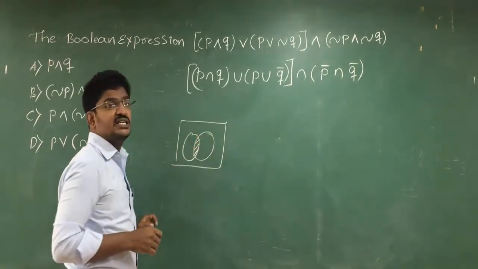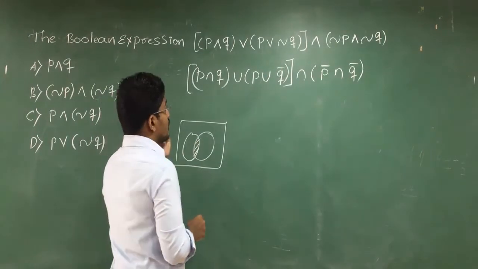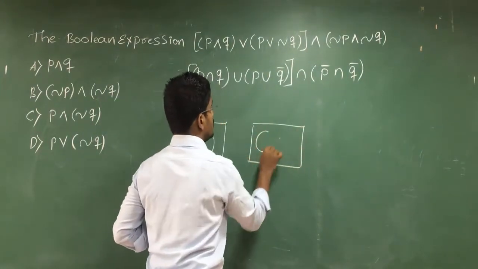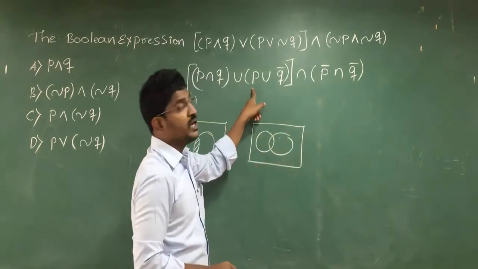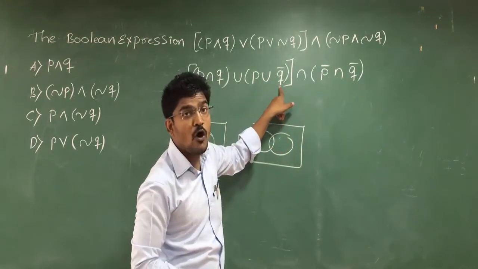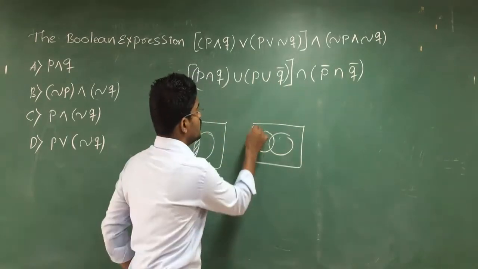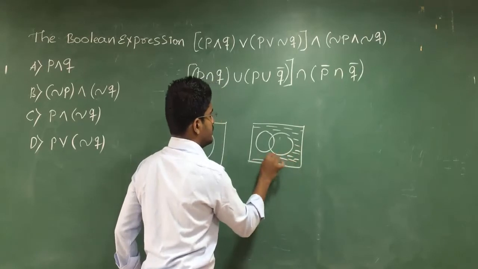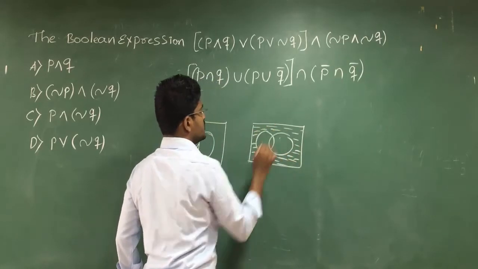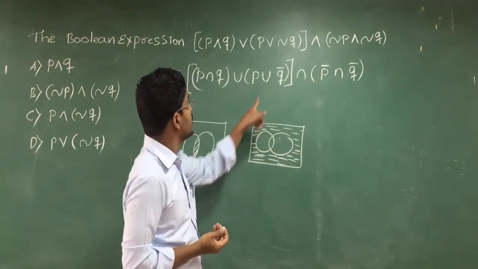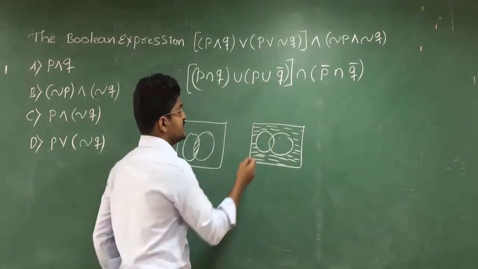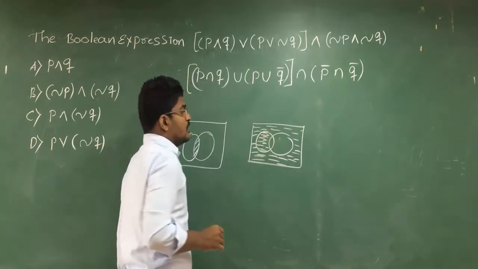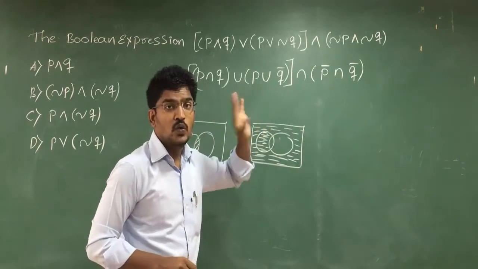This is P intersection Q. Clear? Next, P union Q complement. Clear? So this will be the Q complement. So this is Q complement union with P, that is P union Q complement.